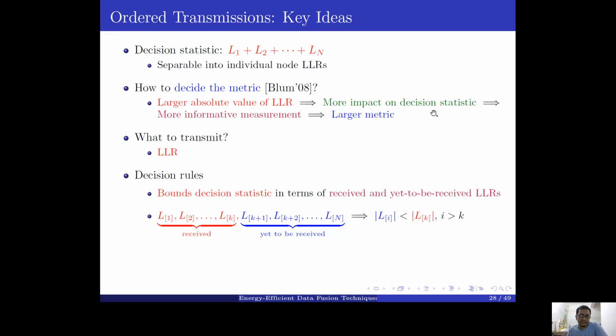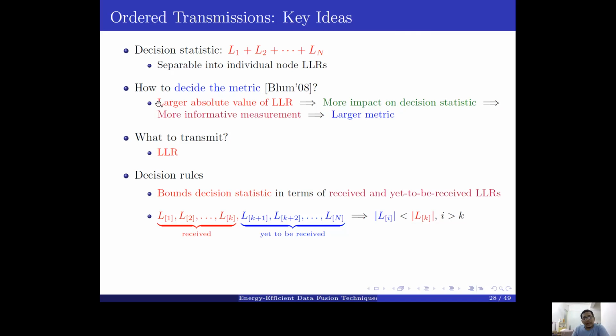First thing which it exploits is that the decision statistic is separable into individual node LLRs. Furthermore, the larger the absolute value of the LLR, the more its impact on the decision statistic. For example, a large negative value of the LLR will drive the decision statistic towards a negative value.